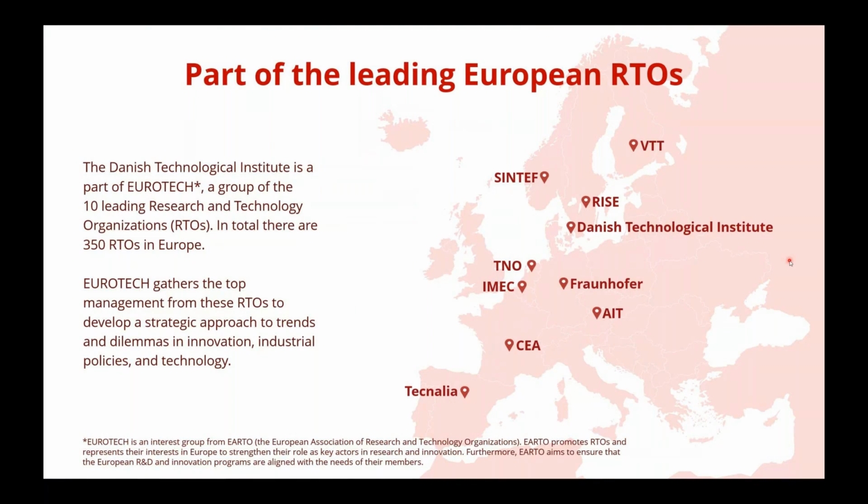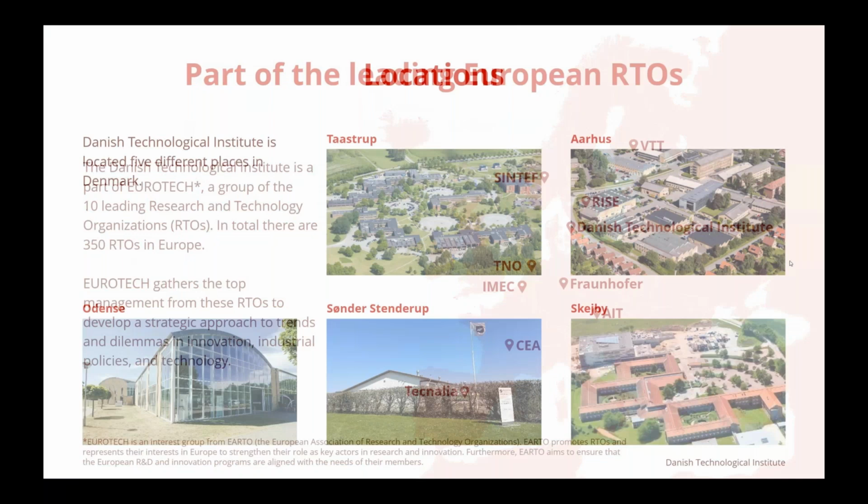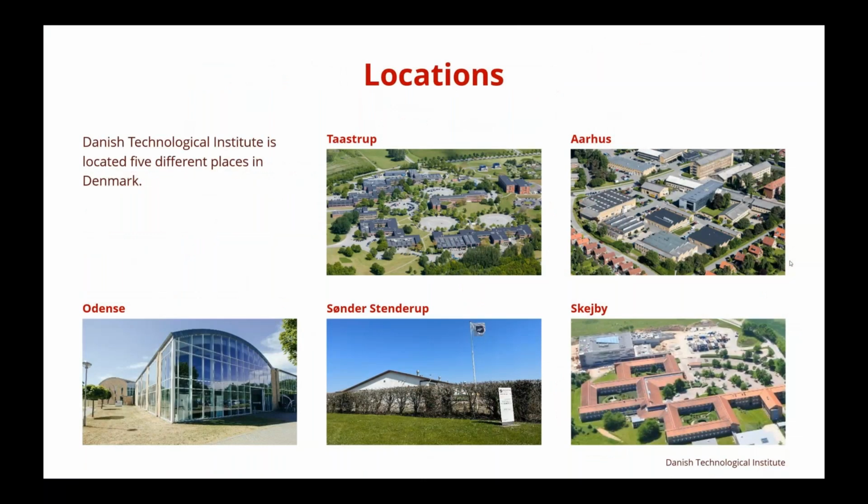My company is what's called a research and technology organization, which you can think of as the midway point between industry and academia, in that one of the things that we do, like many similar institutes in Europe, is that we take very low TRL technologies and push them into industry, make them work in the industrial world. We're spread out across a number of locations in Denmark. I am in the city called Aarhus, sitting in this building at the moment. And we're about 1,000 people in total in my institute.